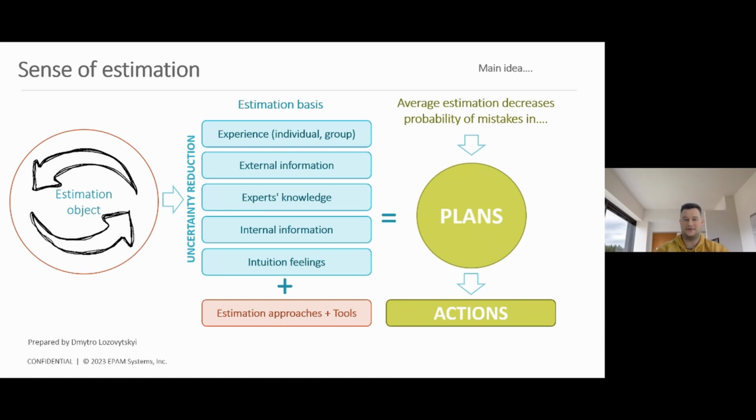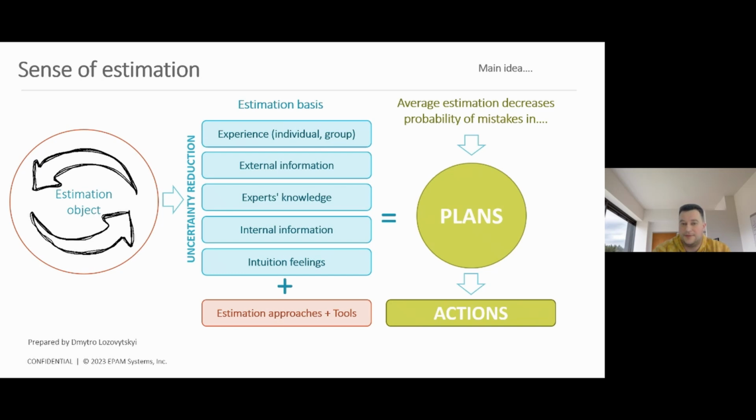So the basis of estimation, and after that you need to apply the right estimation approach. We don't have better techniques of estimation or worse techniques of estimation. We have just applicable techniques for how to estimate precisely something new, or not something new as well.